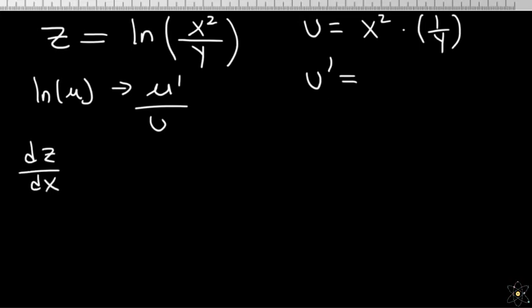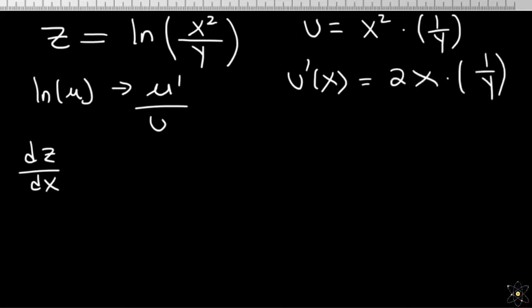So u prime, which I'm going to write as u prime with respect to x, we're going to treat x as a variable. So the derivative of x squared is 2x times the constant 1 over y. We're going to treat 1 over y as a constant. So now dz/dx is going to be the same as u prime over u.